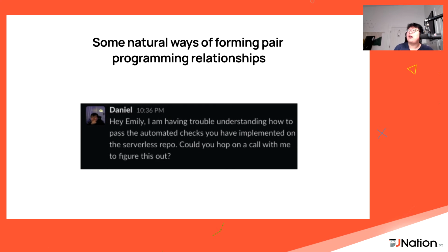Could you hop on a call with me to figure this out? You don't have to define something or call it a pair programming session. It can be as casual as, hey, I noticed that you're the last person to commit to this piece of code. I have no idea how this works. Could you hop on a quick 10-minute call with me to explain how this works? That could be the start to a really fruitful relationship of information sharing and pair programming.